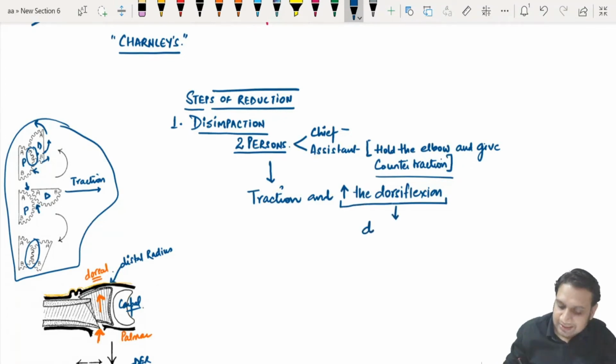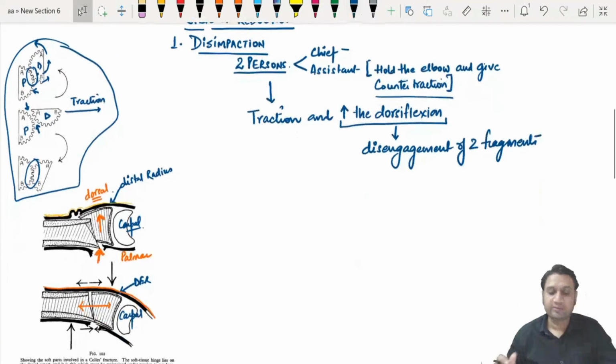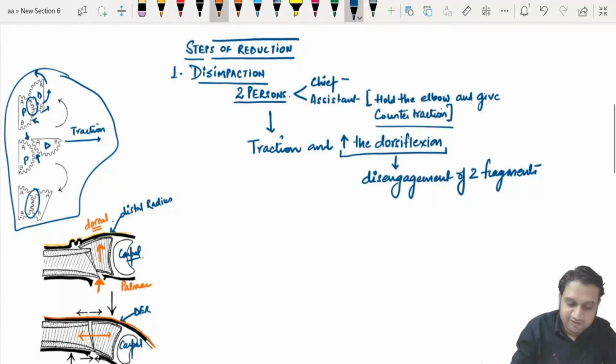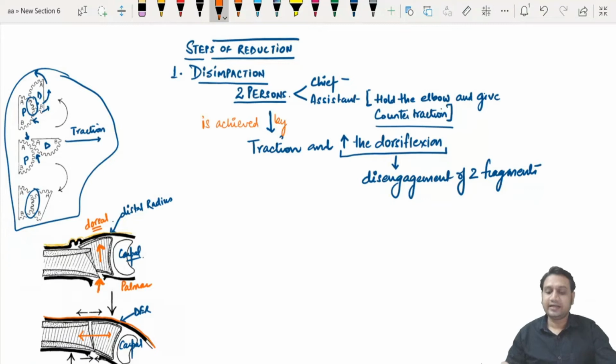This causes disengagement of the two fragments. So we have given the traction and we have increased it. So disimpaction is achieved by, we should remember, giving the traction and increasing the dorsiflexion.